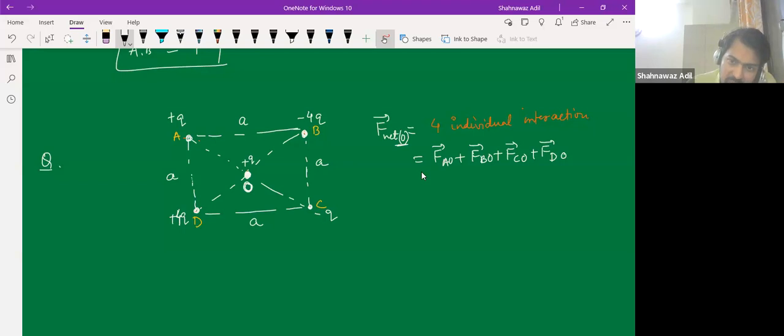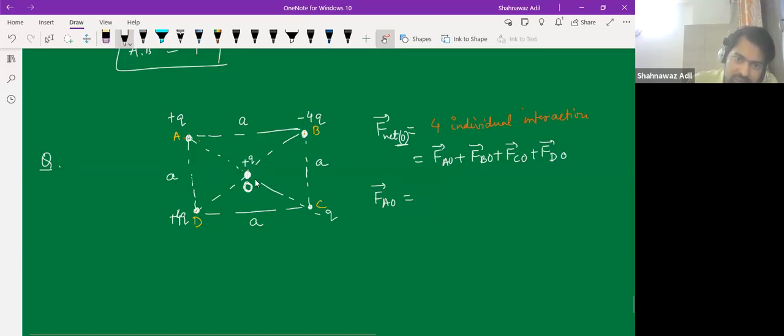First, let us write the contribution of FAO. This is plus Q. Due to this one, FAO would be in which direction? Would it be attractive or repulsive?